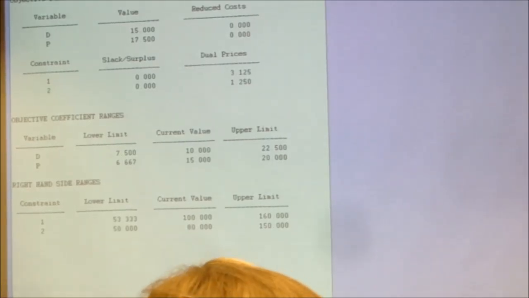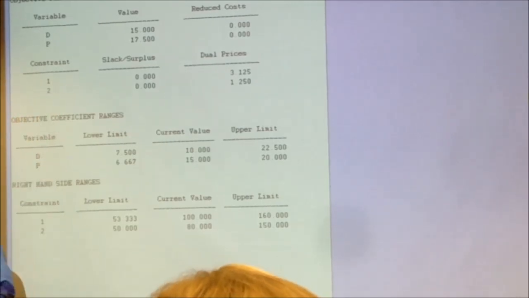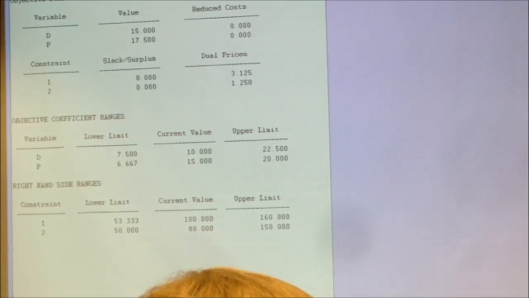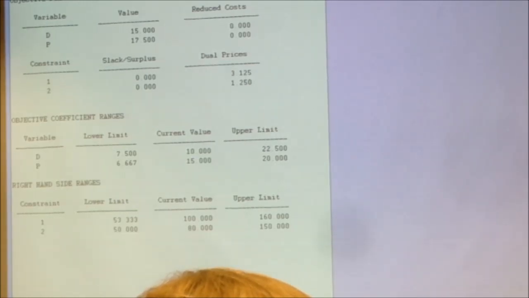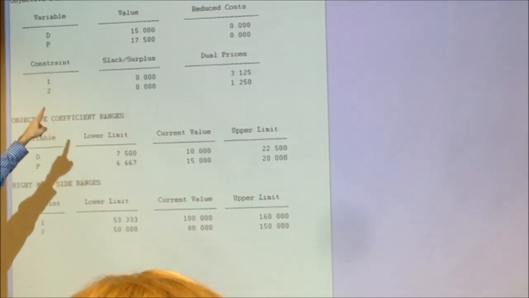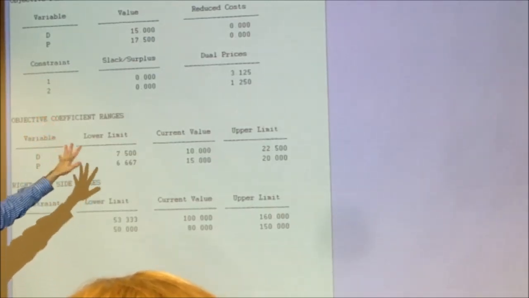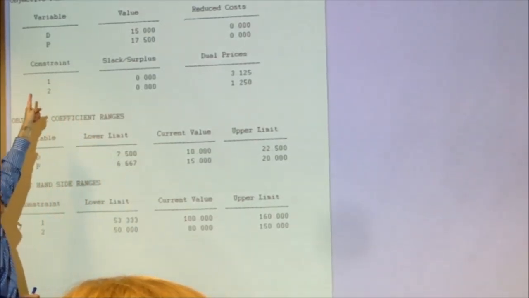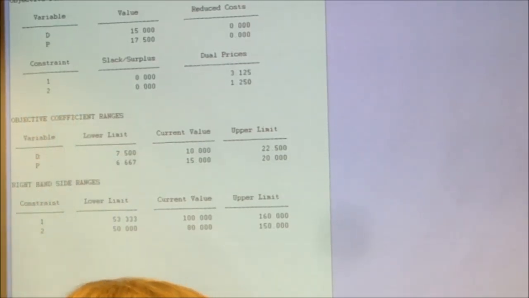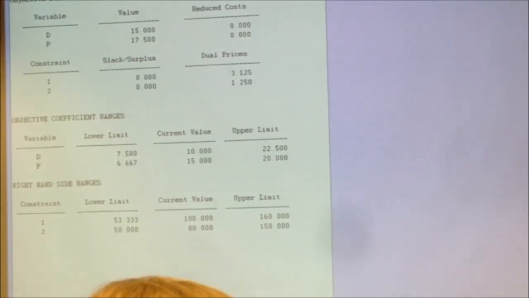I want to make sure you know where that objective function value comes from. When you were graphing, you went to the objective function and you placed in each variable what the optimal solution was. And that's exactly where that 412.50 comes from, and here, it's right here. D and P are our variables. The optimal solution is, we're supposed to make 15 of the deluxe bike and 17 and a half professional, manufacturing in process for the following cycle.